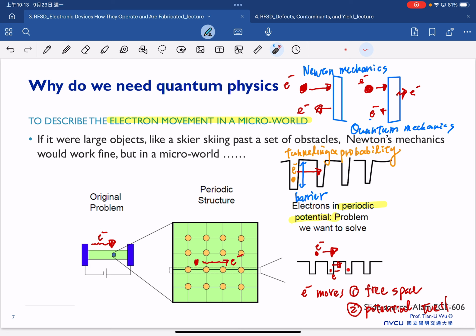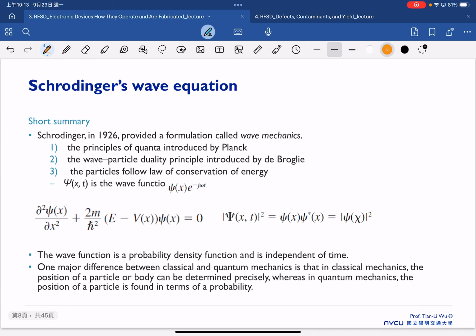Okay, so far you are probably still very confused as to why we have to understand the electron's movement inside this periodic potential. So now we will talk more about the application of quantum mechanics here. First, we need to briefly overview that the main basics and foundation behind quantum mechanics is based on Schrödinger's wave equation.